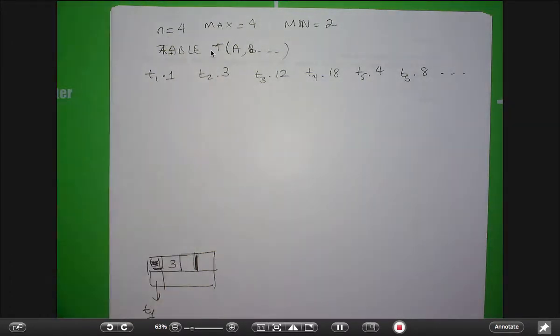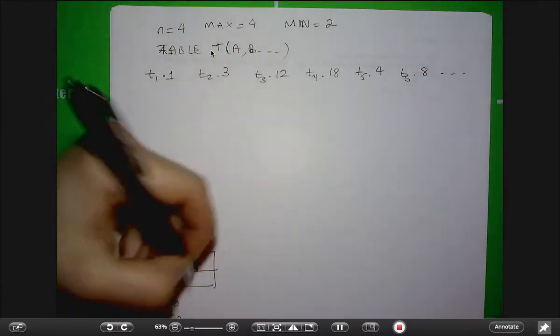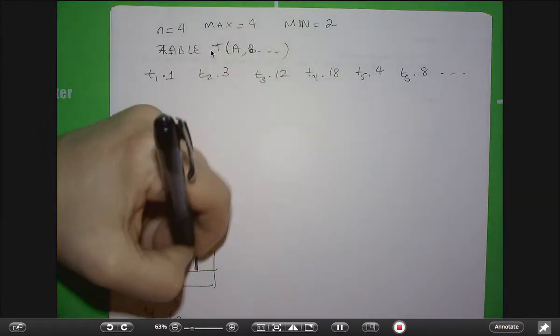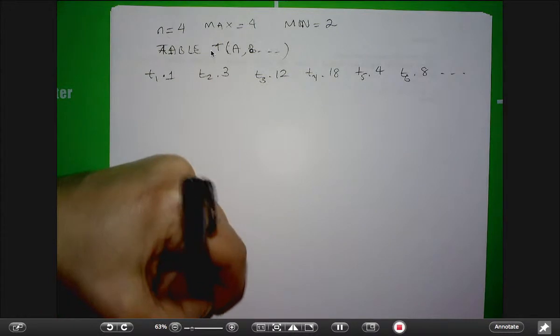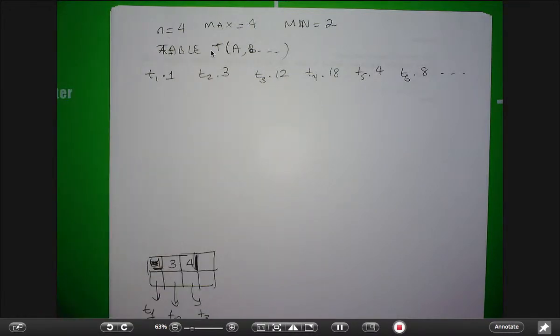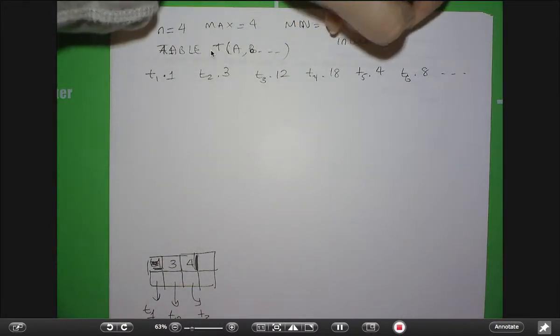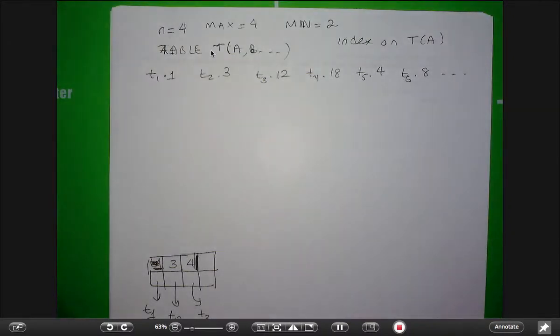The second one was 3, then I'm going to have a pointer to T2, and let's say the next one is 4, this is T3, okay? So obviously this is an index on T of A. I will find all the values for A, and I will sort those values. It's going to be in sorted order, and I'm going to put it at the leaf level, okay?